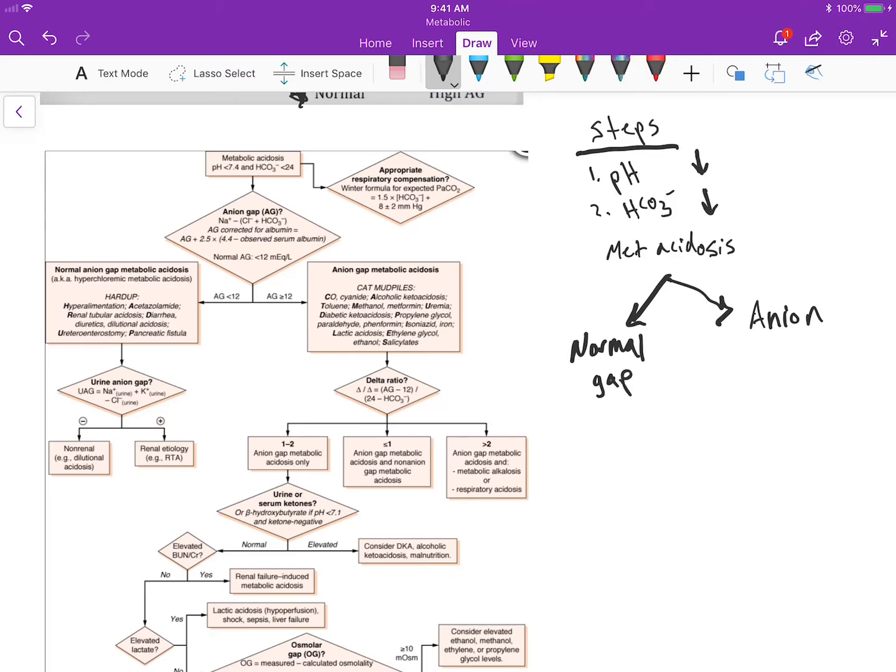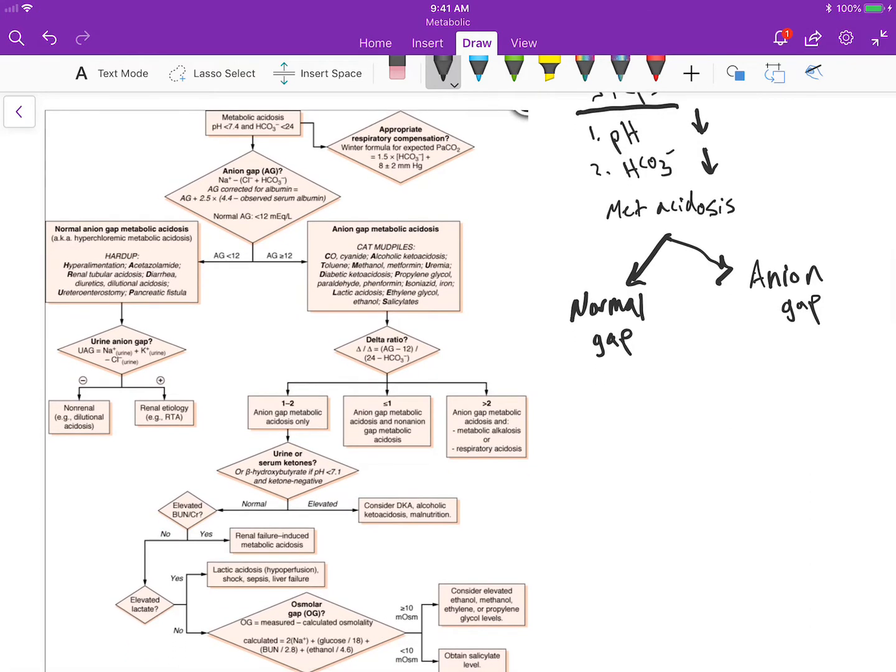Normal gap. In order to identify if there's an anion gap or not, you have to apply our lovely anion gap formula, which we can see at the top of our algorithm there.